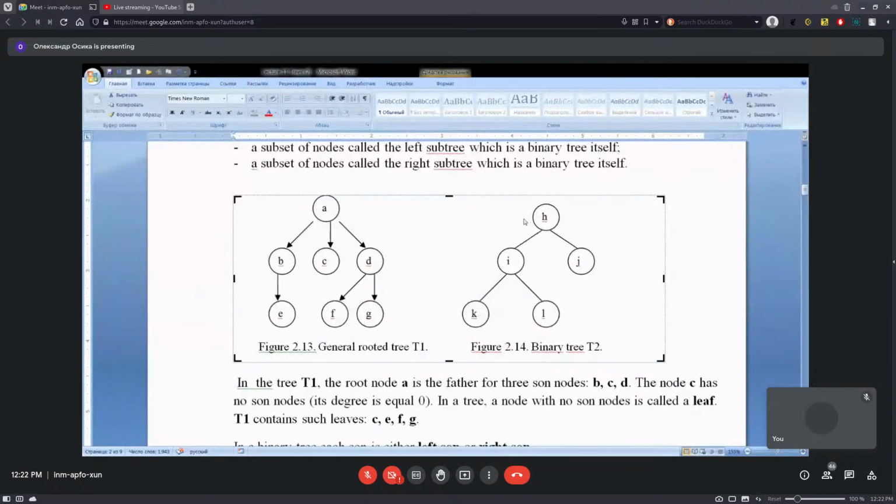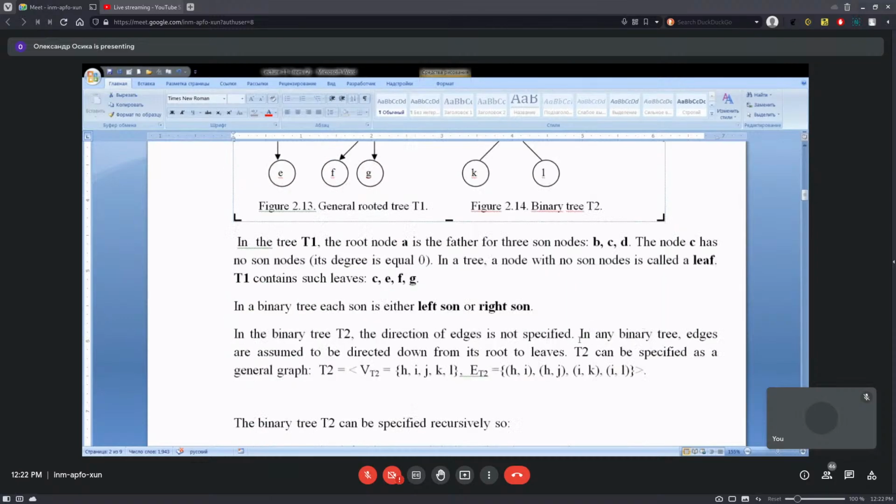And the nodes are placed in levels. The root belongs to level 0. Sons of the root node belong to level 1. Sons of the sons belong to level 2, and so on. Directions of edges are not specified. In any binary tree, edges are assumed to be directed down from its root to leaves.